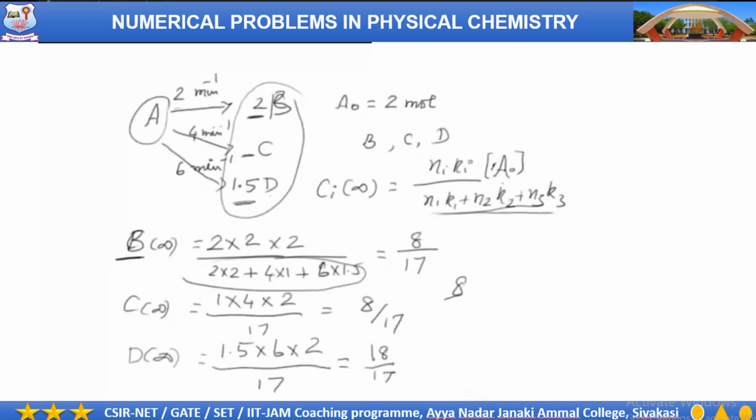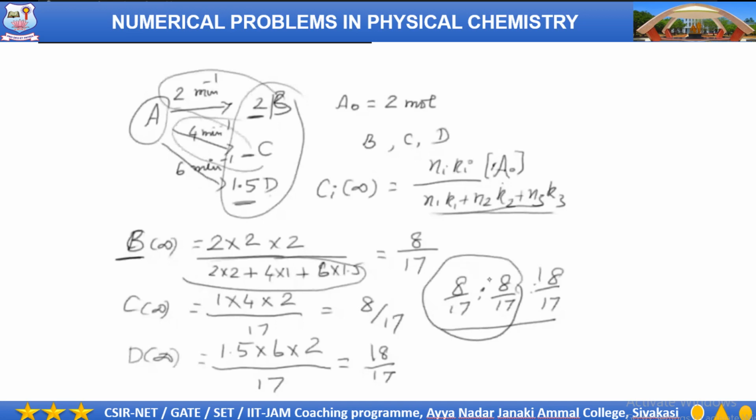Therefore, their ratio is 18 by 70. If you sum these up, it should be equal to the 2 moles. And this product and these products are found to be the same. Multiply these two, find out, yes, they are found to be the same.